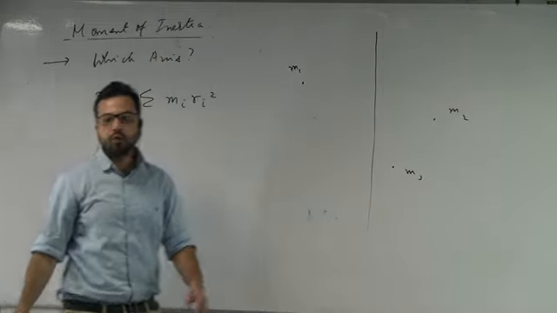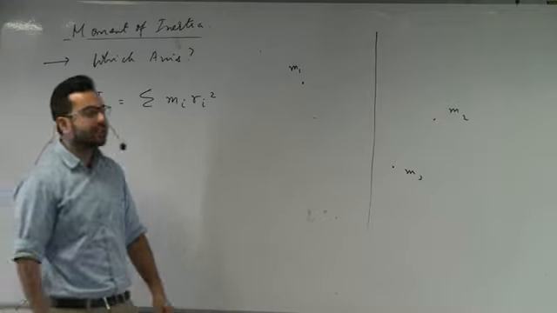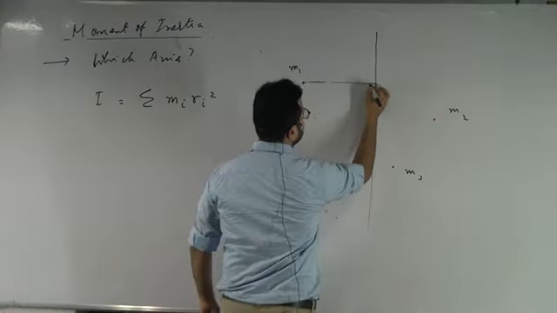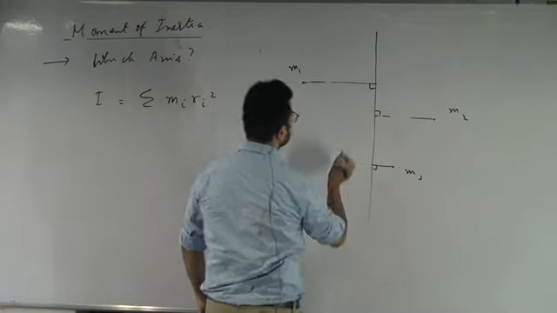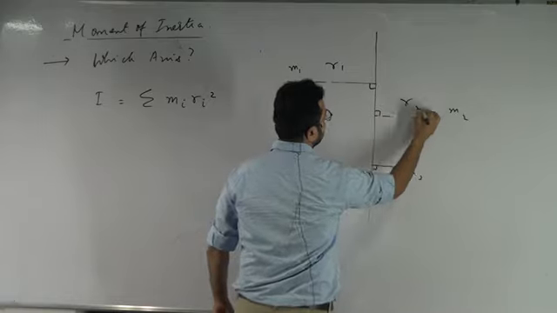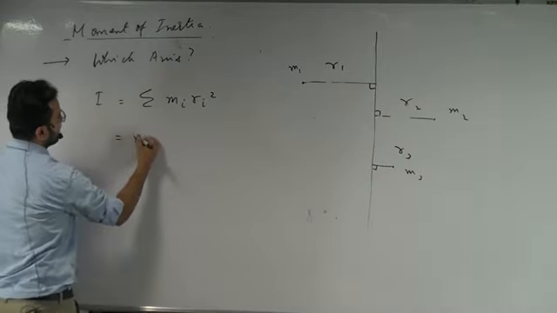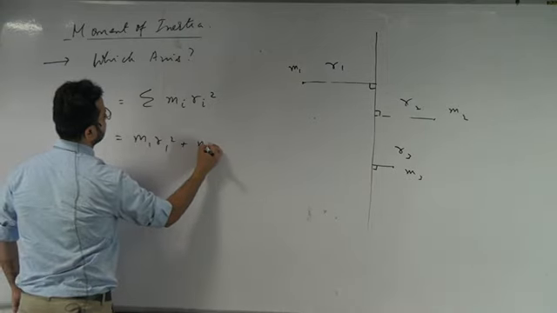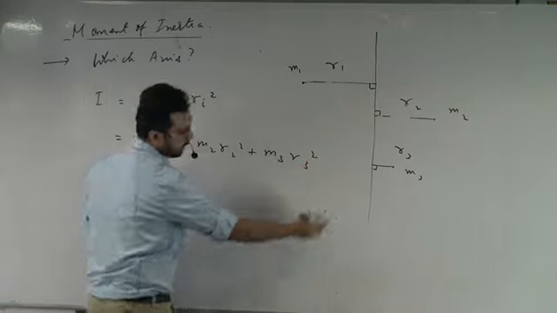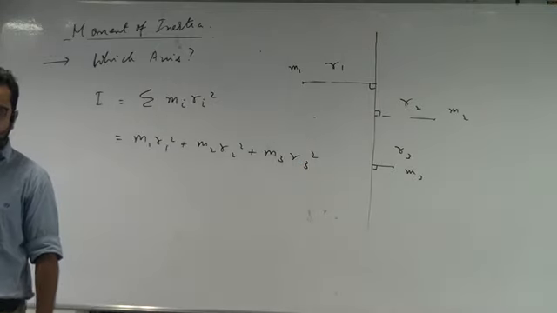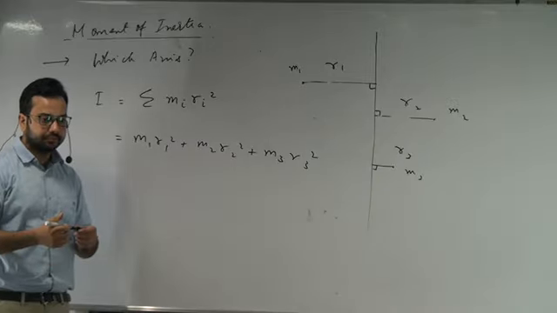What would be r1, r2, r3? They would be the perpendicular distances. Let's call this R1, this R2, this R3. So the moment of inertia would be m1 into R1 square plus m2 into R2 square plus m3 into R3 square, and so on. Is that correct? Simple.